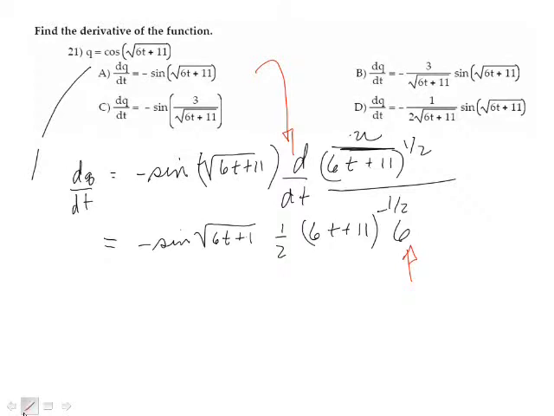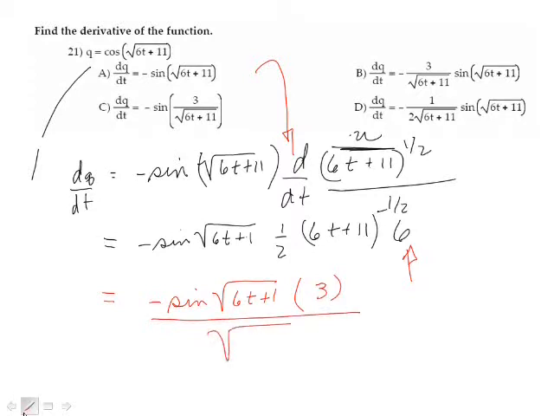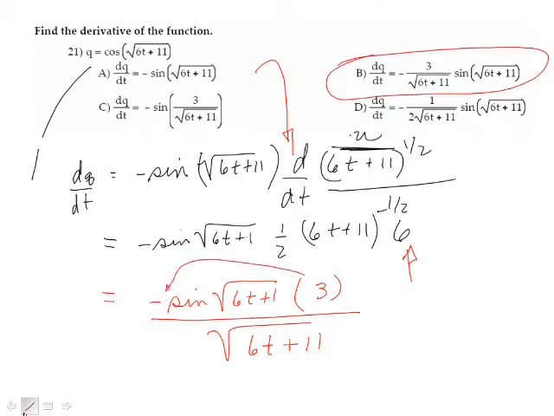So combining all this, we get minus sine of the square root of 6t plus 11 times 3 over the square root of 6t plus 11, and that is answer B. Put the 3 right here.